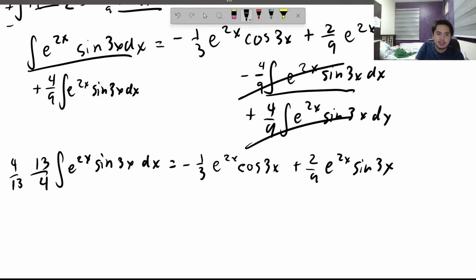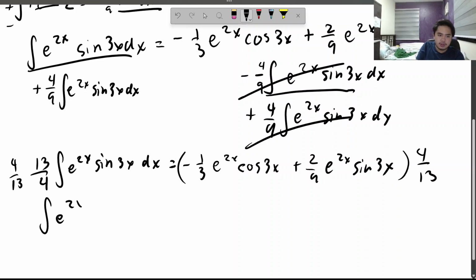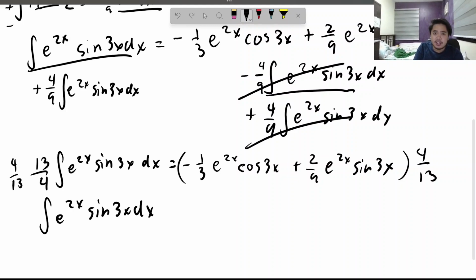Because it nullifies the 13/4 on one side. So we get the integral of e to the 2x sine 3x dx, which again is the thing that we wanted to solve earlier, is now equal to negative 1/3 times 4/13, that becomes negative 4/39, e to the 2x cosine 3x.